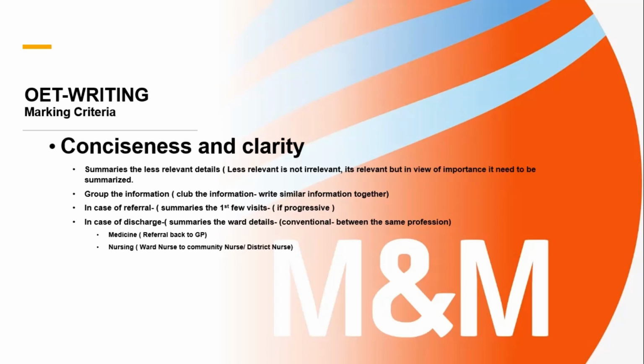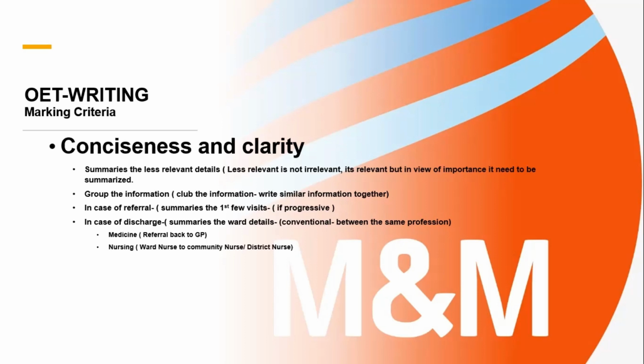Let's say, to give you an example, if you're writing a referral letter, we would see that it is following a progression of events of the same disease, and now the diagnosis has been confirmed, or maybe you have made an assessment, and now you are writing to the specialist. So it would be written in summary form for the first few visits, and then today's visit should be expanded.